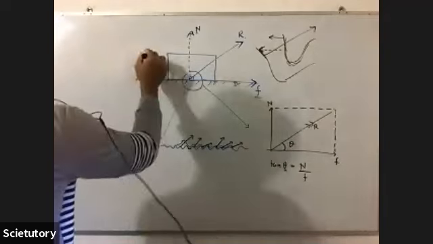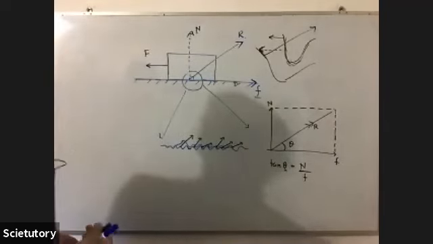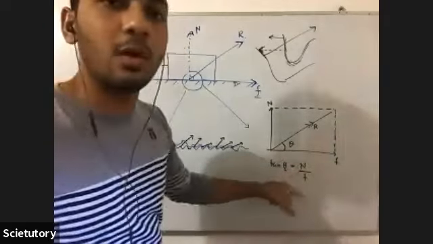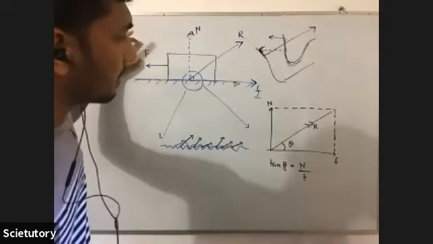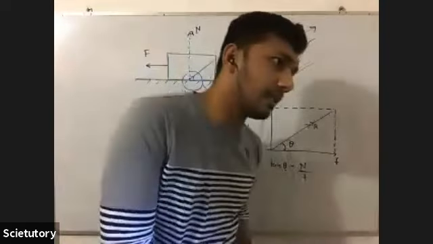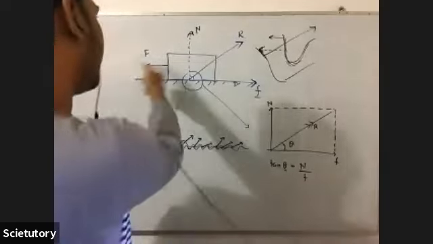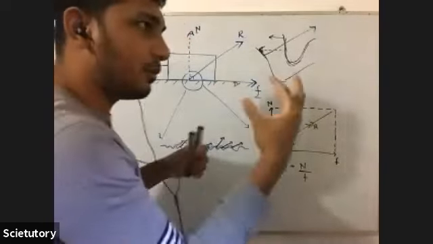F is the force applied. Which component of this equation is going to be affected by this F? The frictional force. This is static friction. You know the behavior of static friction? If you give a force, it will also give a force to maintain the balance, so it's always against relative motion.